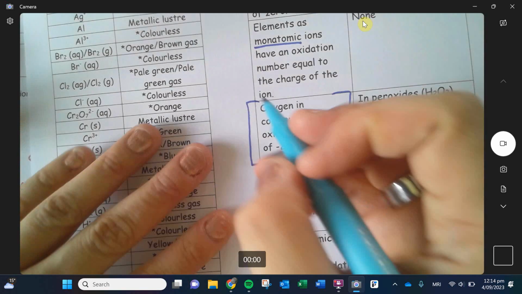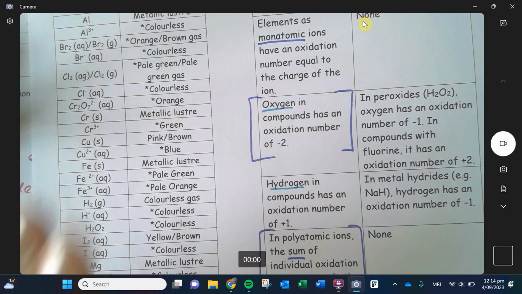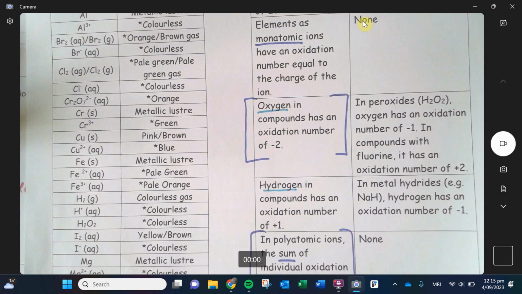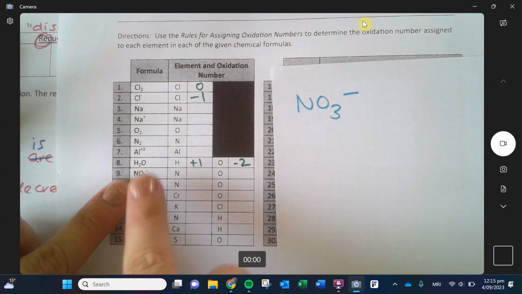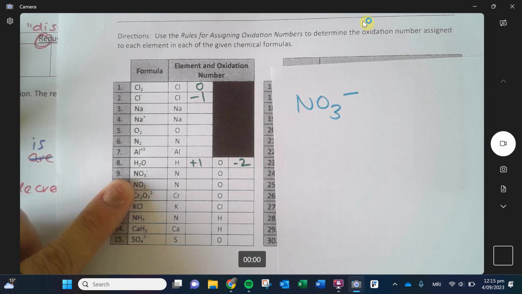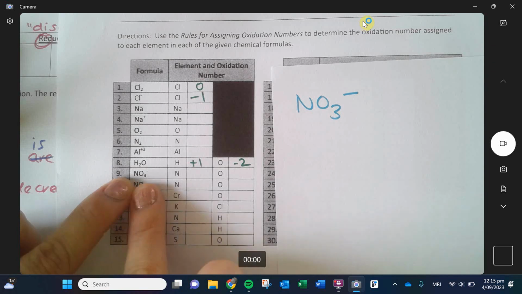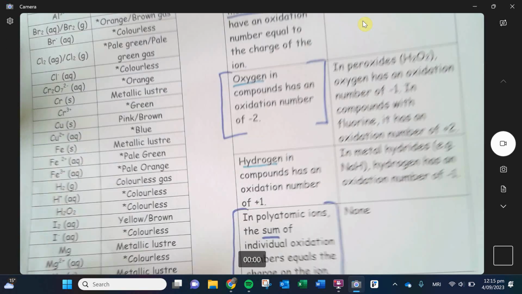There's also some specific rules for things like oxygen and hydrogen. Looking at the nitrate, there's nothing that tells me nitrogen's oxidation number because there's no set rule for it. However, there is a set rule for oxygen, and that is oxygen is -2.